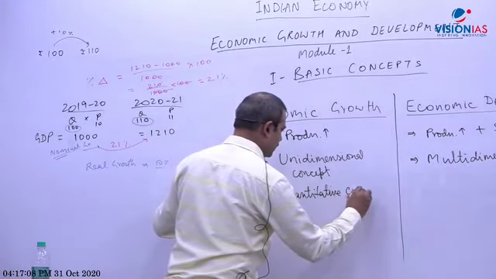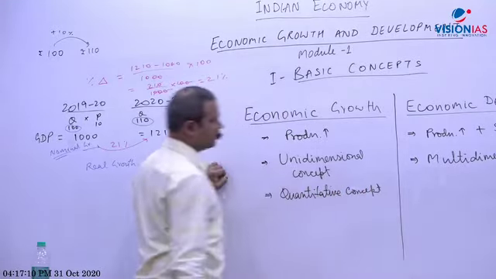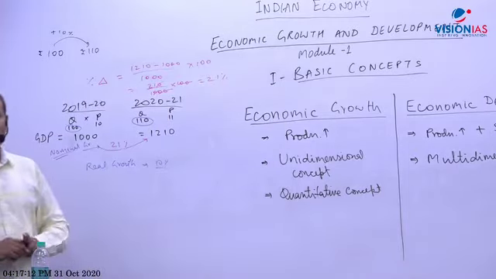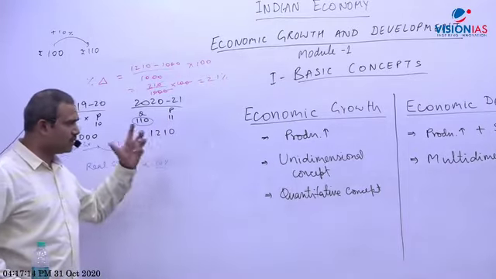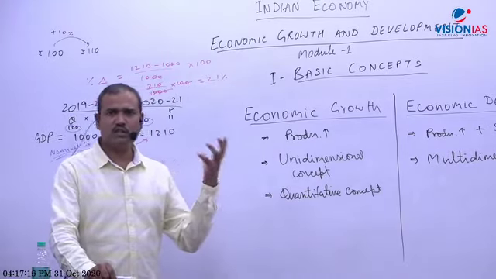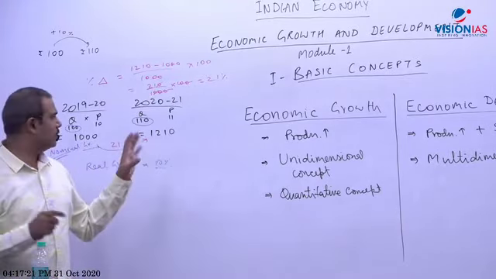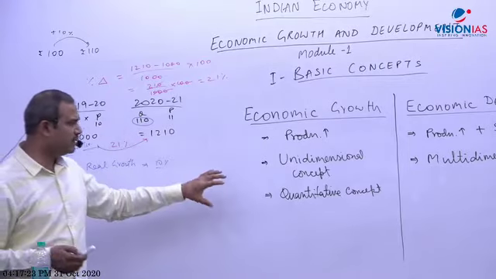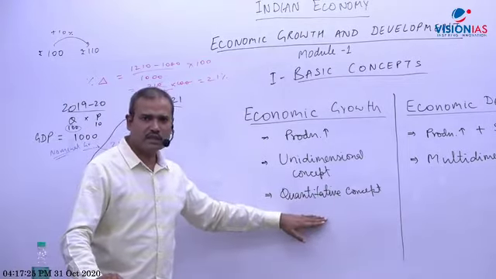Because we can quantify growth, we can measure exact growth, how much GDP increase, how much production increase. Because the value of output is GDP, production in a country is GDP. So how much GDP increases, we can estimate. So I think it is clear, quantitative.